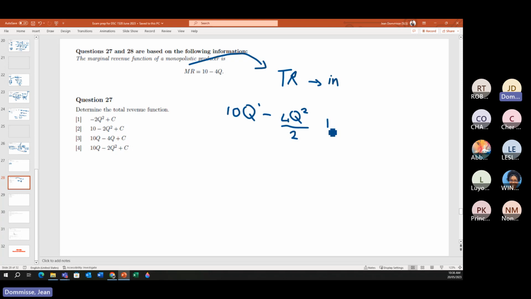And remember, there's always a constant, because there is probably a function where there is a fixed cost that we need to add. The C is normally the fixed cost component.